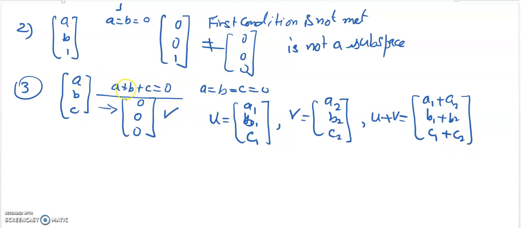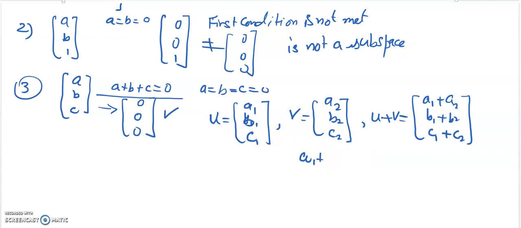By this condition, it means that the sum of these three components should be 0. In this case, the first component is a1 plus a2, the second component is b1 plus b2, the third component is c1 plus c2. So the sum of all these components should be 0.